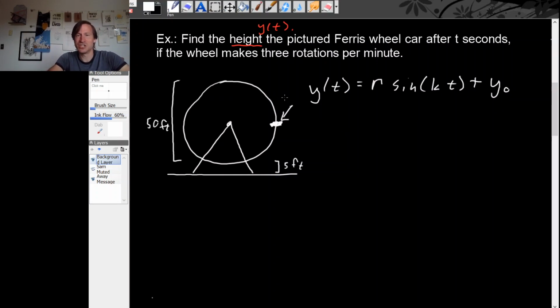So let's see, looking at the geometry of this situation, it looks like this 50 feet here is the diameter of the circle, so the radius is half of that, so that's 25 feet.